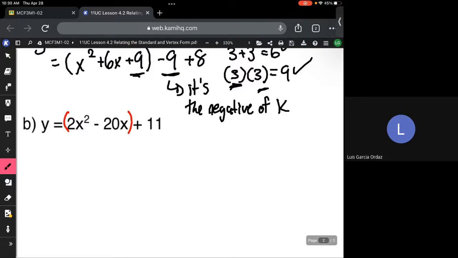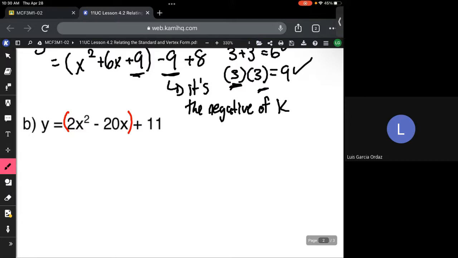Is x squared by itself or does it have a number in front of it? When you have a number in front of the x squared, you need to common factor. You're not going to common factor a variable, you're just going to common factor a number. So between 2 and 20, what is the greatest common factor? 2.